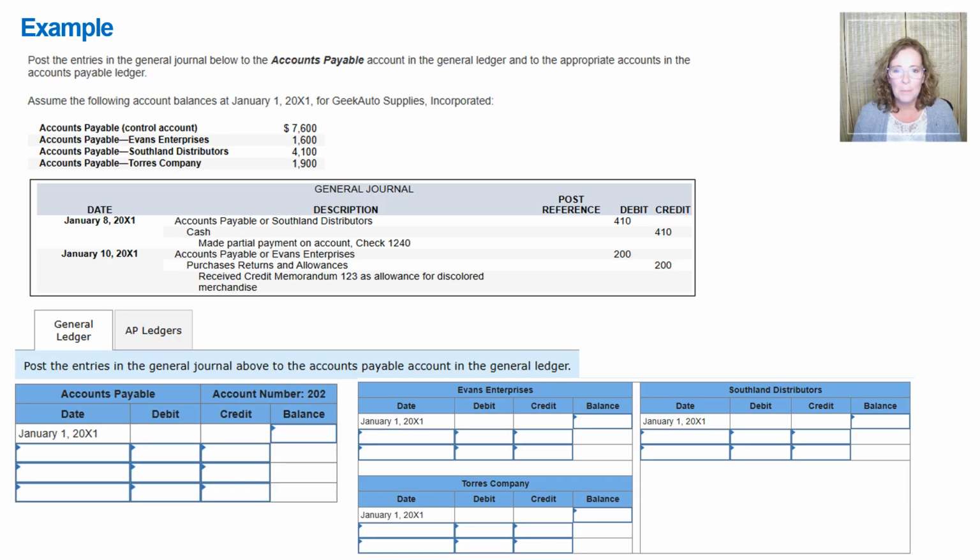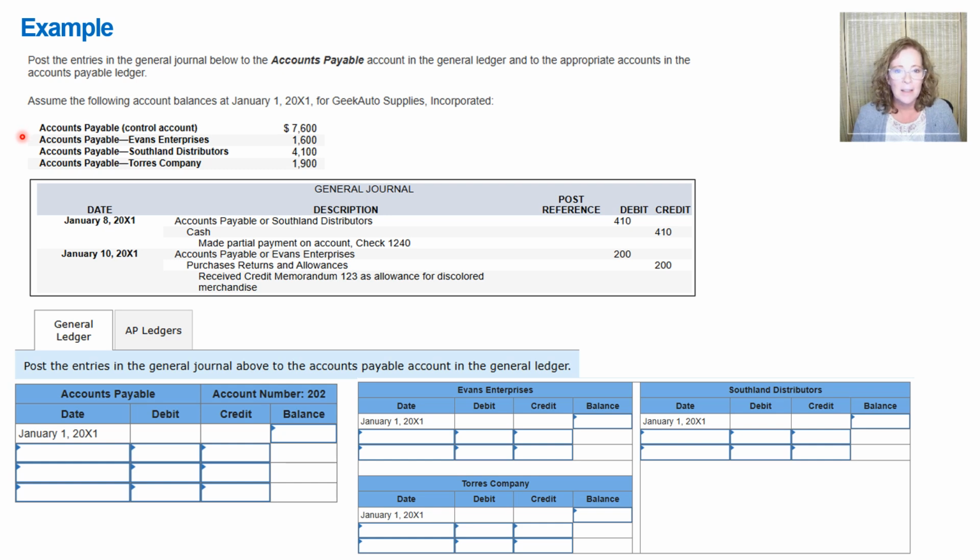Here's another example. In this exercise, we're supposed to post journal entries in the general journal to the accounts payable account in the general ledger and to the appropriate accounts in the accounts payable subledger. Below, we have a total listing of all vendors for this company, Geek Auto Supplies, as of January 1st.